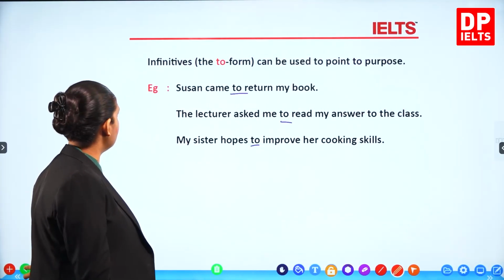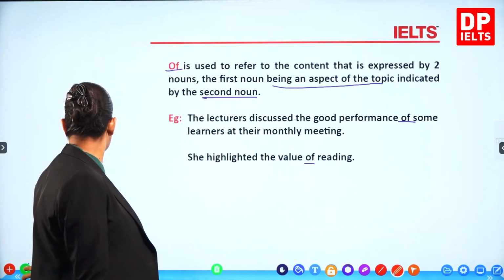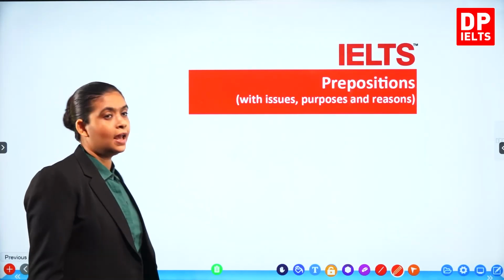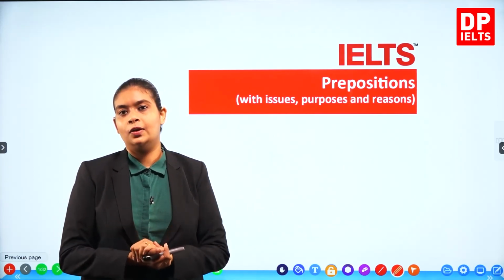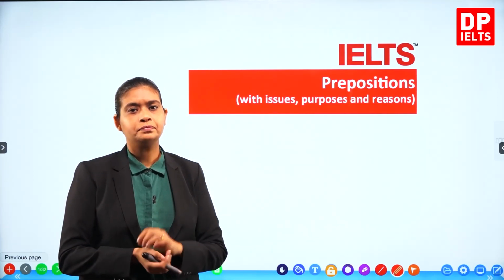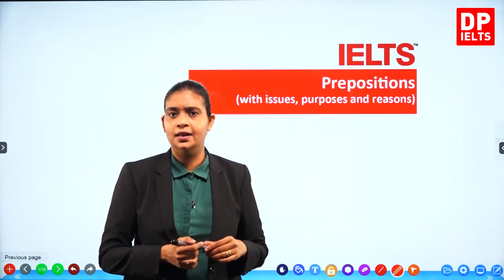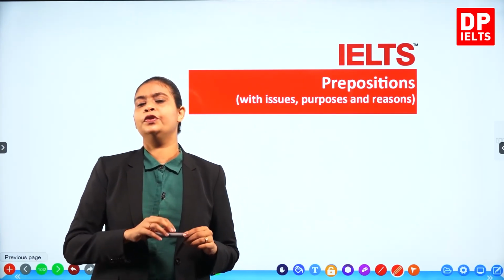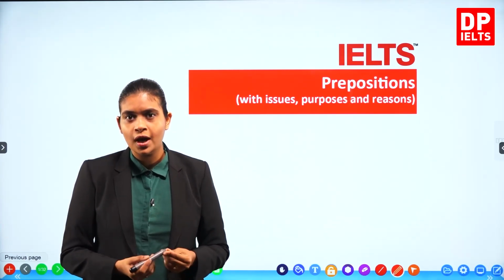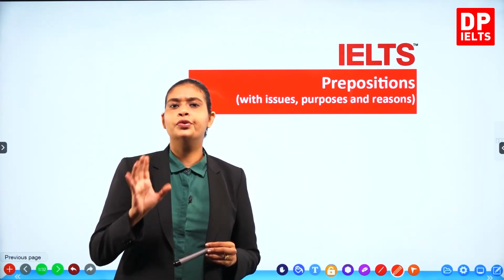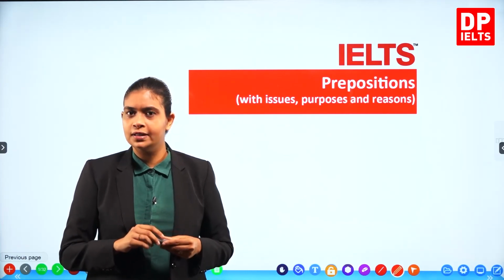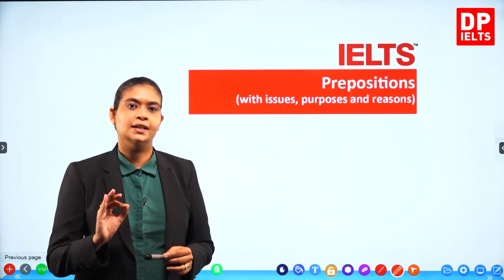So then we had a look at why some of the sentences were correct and some were incorrect, and we had a look at lots of practice questions. This can be very tricky, and this is again useful for you in your task 2 as well as task 1. Okay, so I want you to go through this lesson thoroughly and make sure you understand it clearly, right?